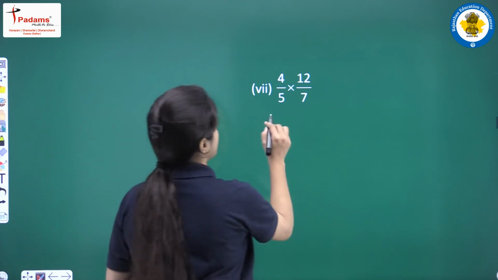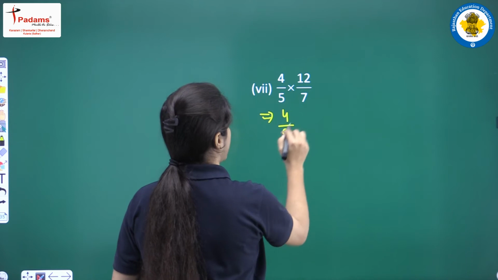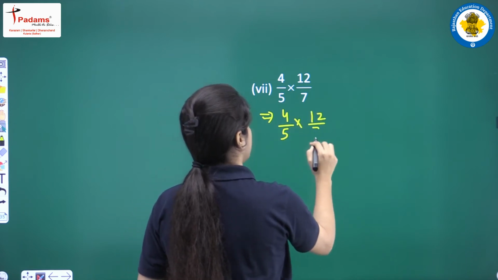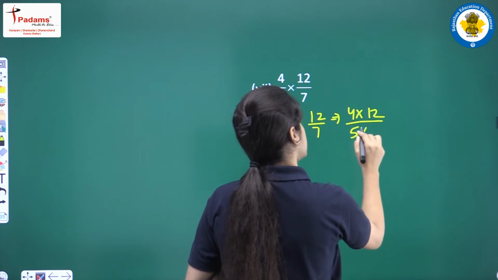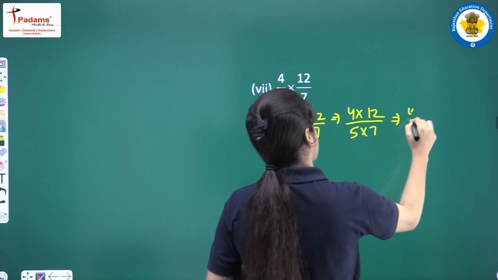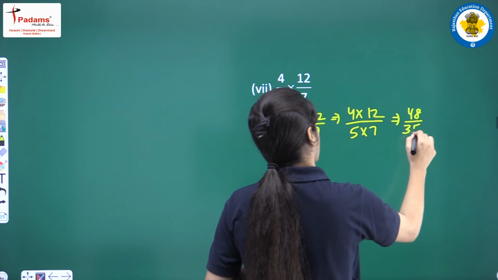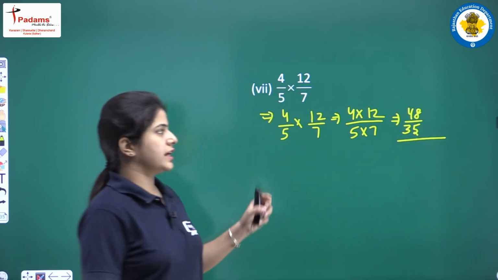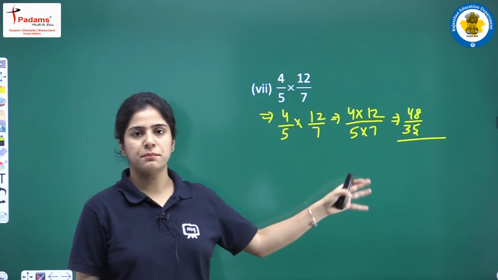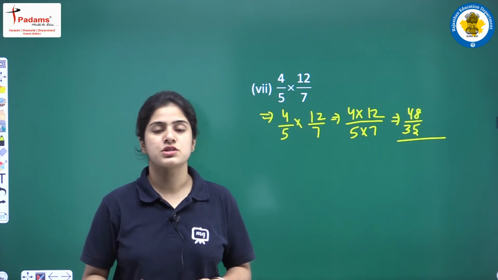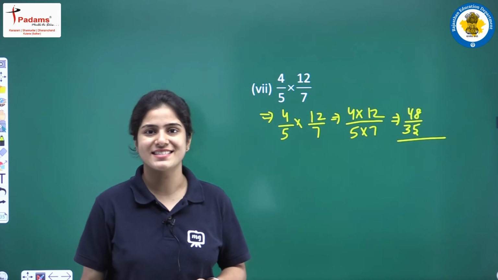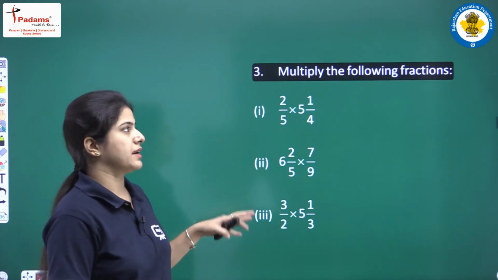So 4 into 12 upon 5 into 7. So 48 upon 35. Now they are already in the lowest form because they don't have anything in common.